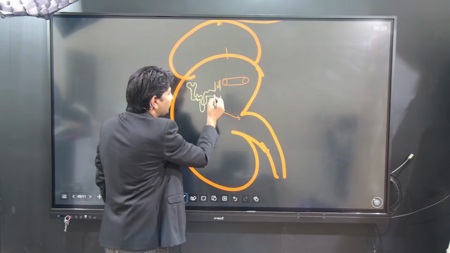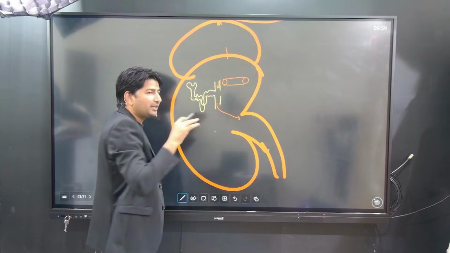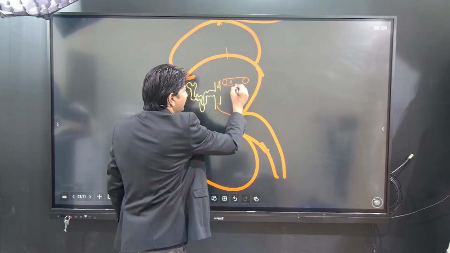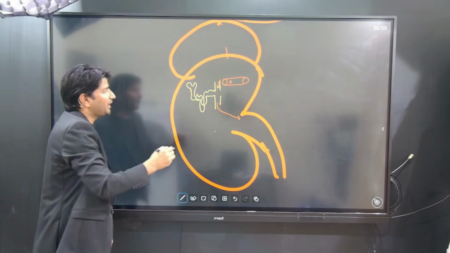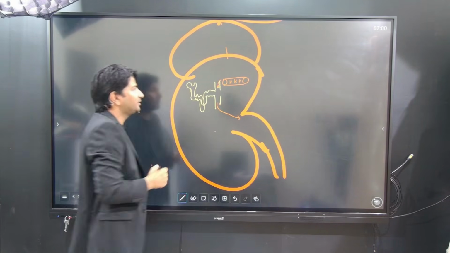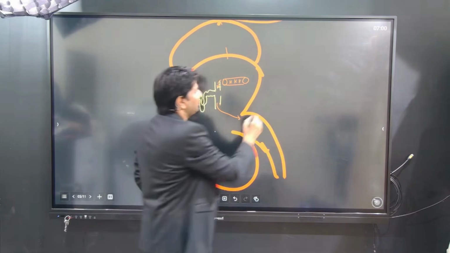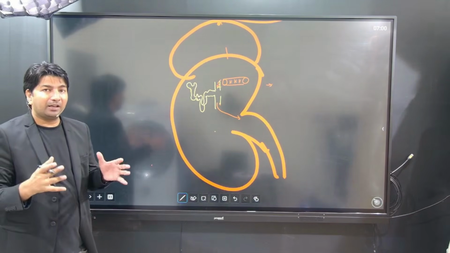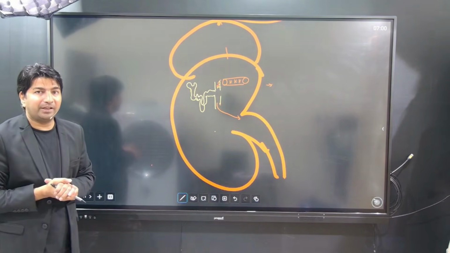So the potassium will not exit. If the potassium does not exit, it means potassium will remain inside the blood vessels. If the potassium remains inside the blood vessels, it means there is potassium retention. So the potassium level will increase. So the chances of hyperkalemia are increased after administering an ACE inhibitor.